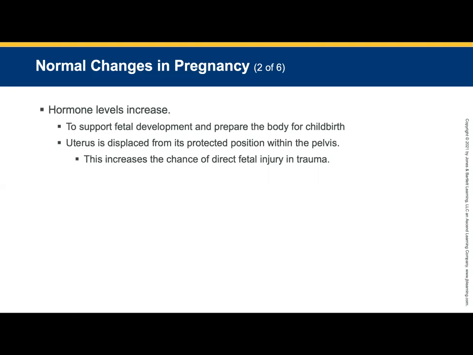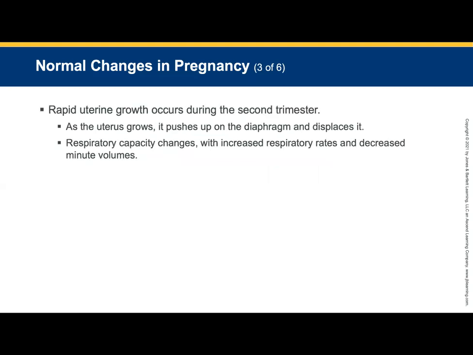This increases the chance of direct fetal injury and trauma because of the movement. Rapid uterine growth. What happens here is in the second and third trimester, things start changing: the placement of the body, the movement of the child, getting ready to deliver through the birth canal. As the uterus grows, it pushes up on the diaphragm, displacing it from the normal position.